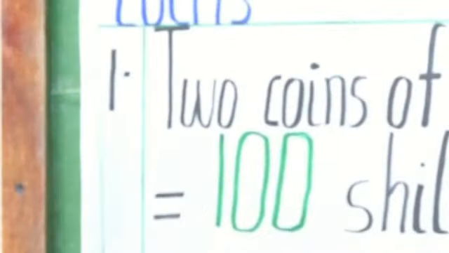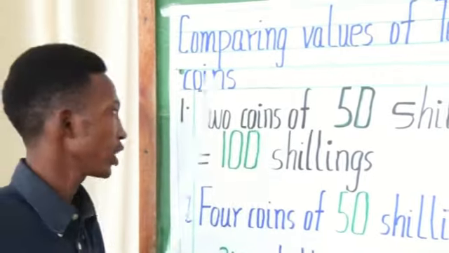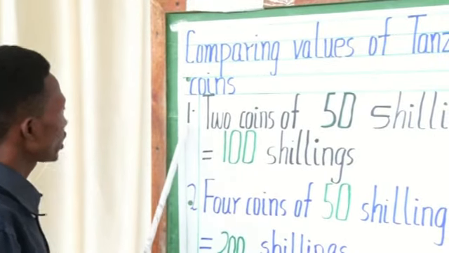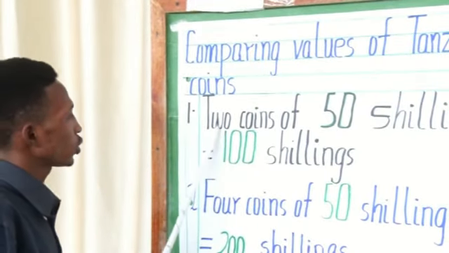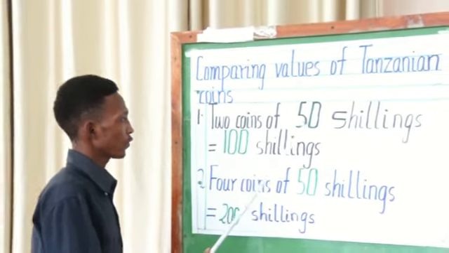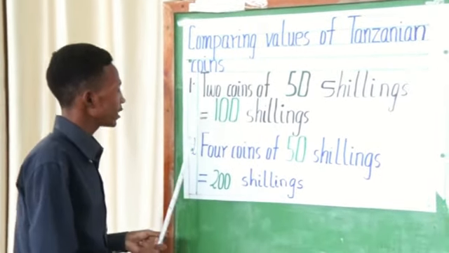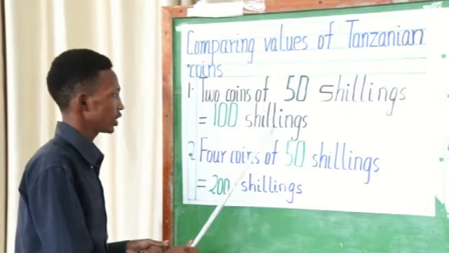So, let's go to our topic so that you may understand it, because I've already reminded you. The first example, 2 coins of 50 shillings is equal to 100 shillings.